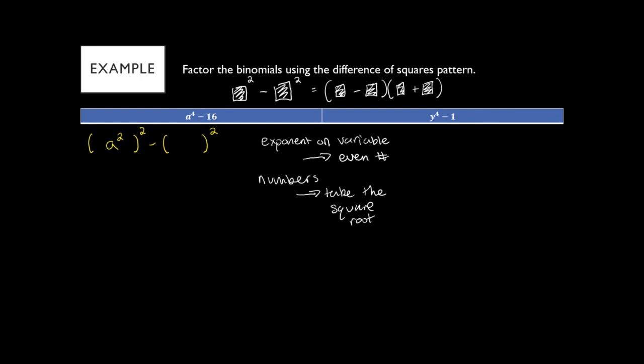We write that as a squared in the parentheses, and then we have a square. And 16 is 4 squared. I took that exponent of 4 and divided it by 2, and that's the exponent that goes in the parentheses. This works because a squared times a squared is a to the 4th.